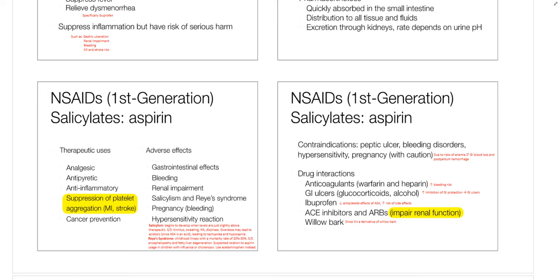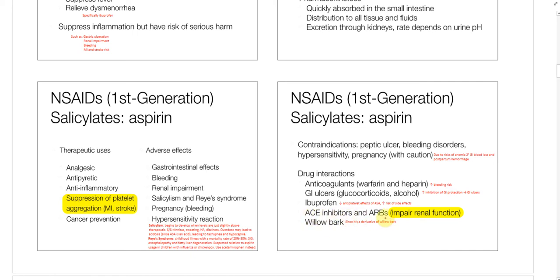And ibuprofen, naproxen, they're going to have an increased risk of MI and stroke, and they're going to counter the benefits of taking aspirin in the first place. They're also going to potentiate the other side effects like renal impairment, GI ulceration, etc.